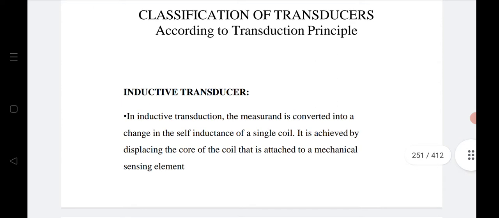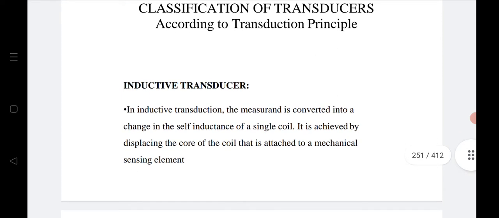Now coming to the next transduction principle, inductive transducers. In inductive transducers, the measured quantity is converted into a change in the self-inductance of a coil.